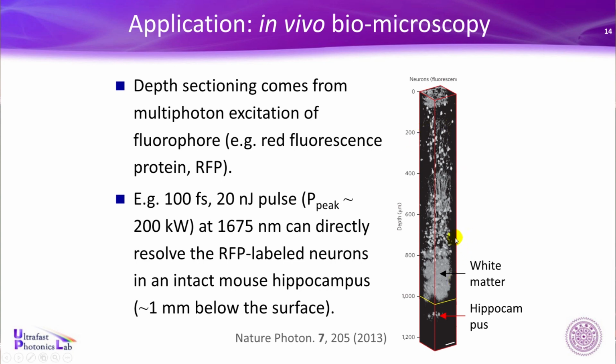For example, if you combine 3 photons at this wavelength, the equivalent wavelength should be 1675 divided by 3, right? 等效的波长就变成多少？500多纳米。It's green light.